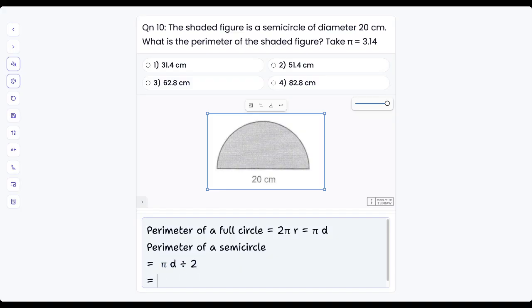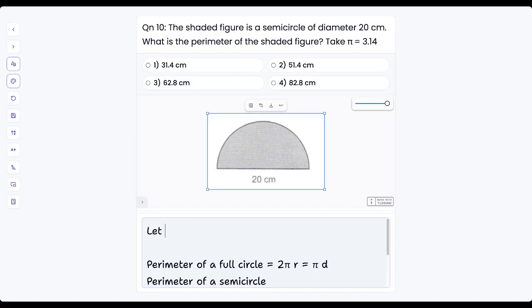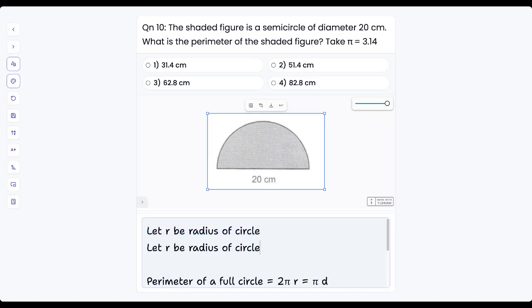So I'm going to put here 3.14 multiplied by the diameter, which is 20, and then divided by 2. Okay, so 20 divided by 2 is 10, so 3.14 times 10 is equal to 31.4. Let R be the radius of the circle, and let D be the diameter.